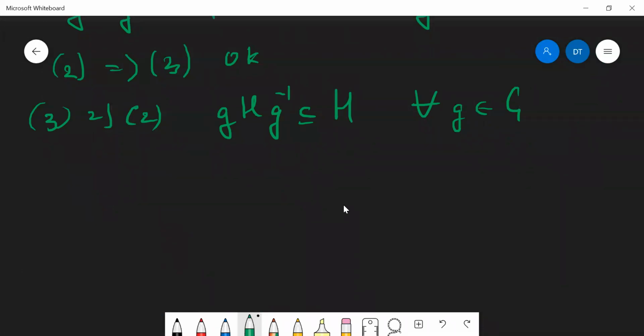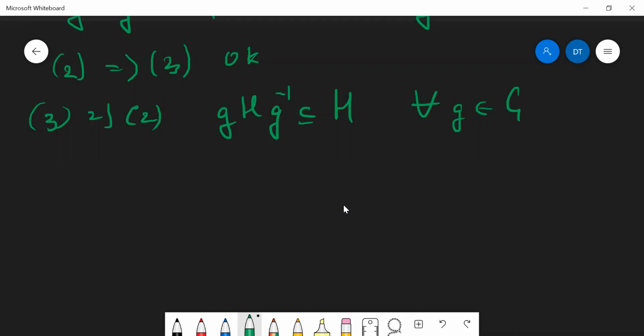We can multiply the right part by g on the right, and we somehow have to multiply by g inverse on the left, and then we will have the backward inclusion. Not yet, but that's almost the proof.